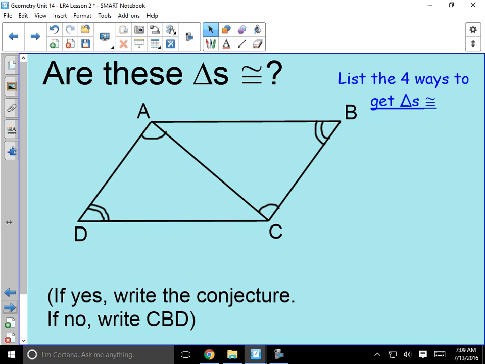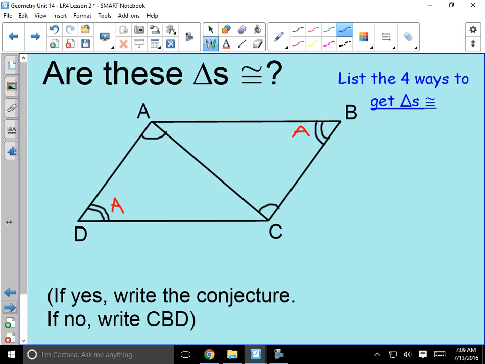Now, looking at this one, looking to prove congruence again. I'll go a little bit faster through this one so we can get you to the work. We can see that this angle and this angle are congruent based on tick marks.